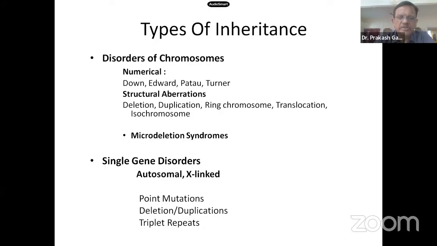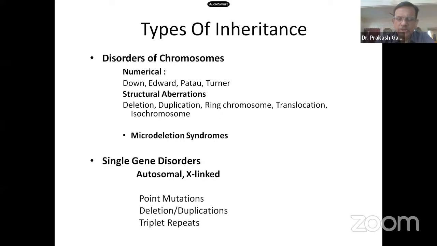Or there can be deletions or duplications, where multiple nucleotides can be either deleted or duplicated, which is more common, say, with a condition like Duchenne muscular dystrophy. Or the famous Huntington's chorea or Huntington's disease, or even more common than that, Fragile X, which are because of triplet repeats of certain combinations of triplet codons.